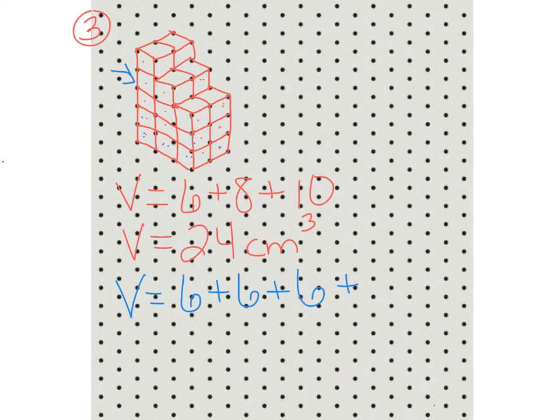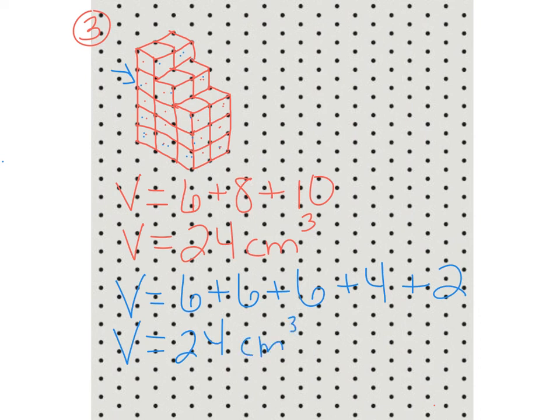So I've got 1, 2, 3 that I can see, and then there's 1 hiding under that. So 2 in the front, 2 to the back. So 2 plus 2 is 4. And now my top row just has 1, 2. So let's add this. 6 plus 6 plus 6, or 6 times 3, is 18. 18 plus 4 is 22. 22 plus 2 is 24 cubic centimeters.